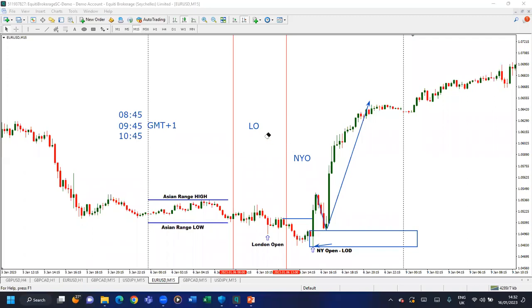All right, so looking for entries in the London Open, you look for entries between 8:45, 9:45, 10:45 GMT plus one. Now, if you can't see entries between these times, you have to take a break and wait, then return again.